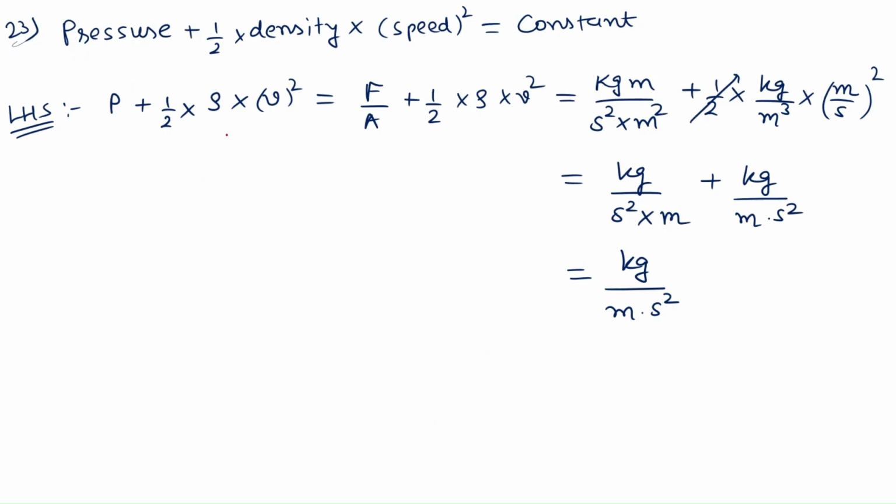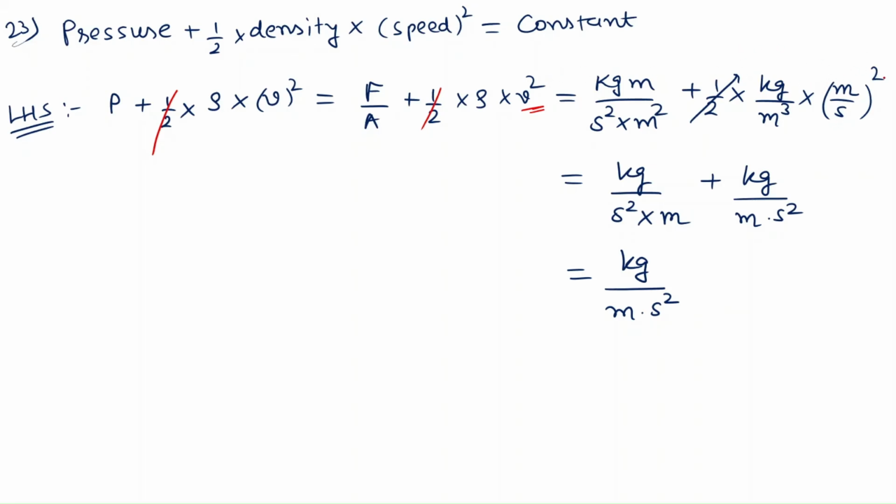take the left hand side of this formula. This is pressure plus half rho into V square. For the SI base unit, we do not consider 1 by 2 because it is a dimensionless quantity. Pressure is force per area. Rho means density, kilogram per meter cube, and V means speed or velocity, so meter per second.